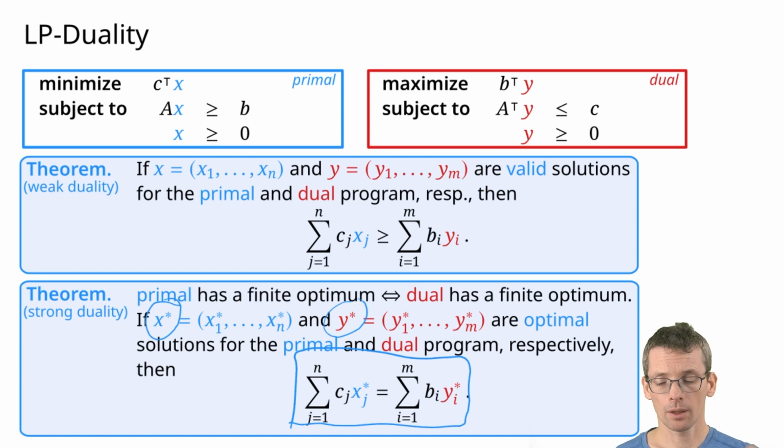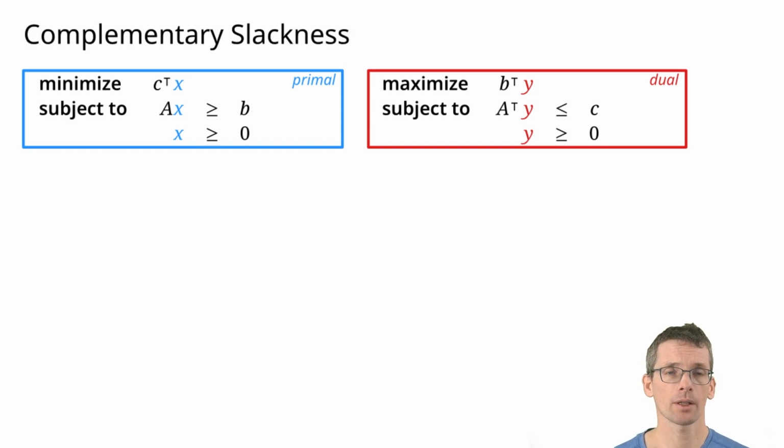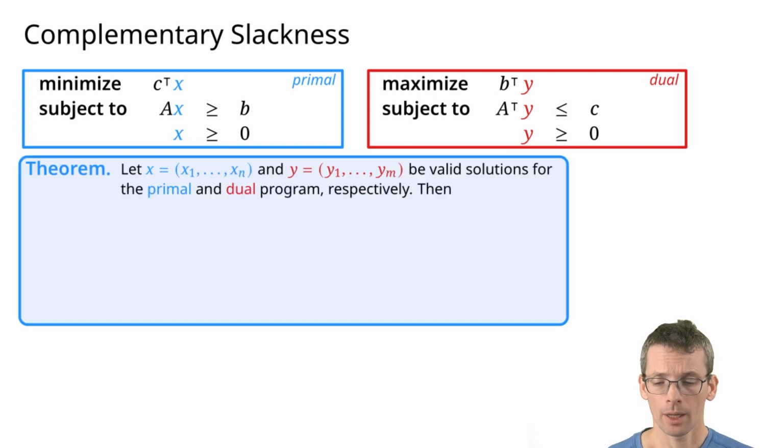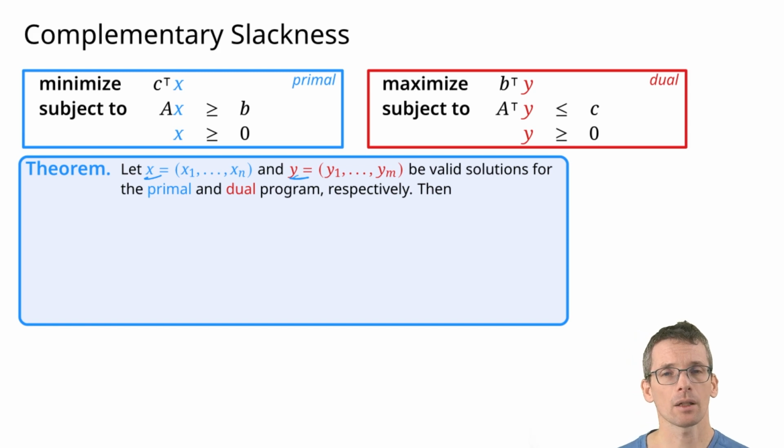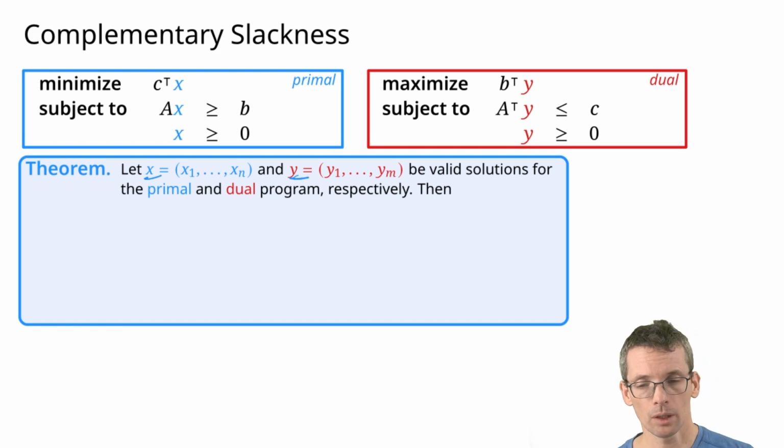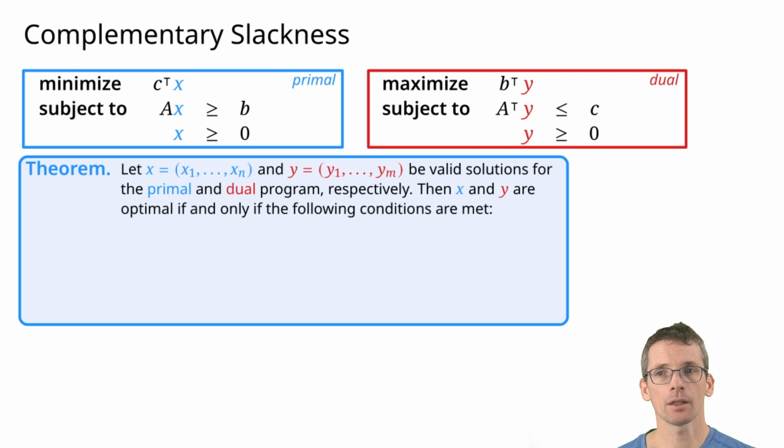We will need one more thing about duality, and that is complementary slackness. So what does complementary slackness mean? If I have valid solutions to the primal and dual problem, so x and y, then these are optimal exactly if we have complementary slackness.